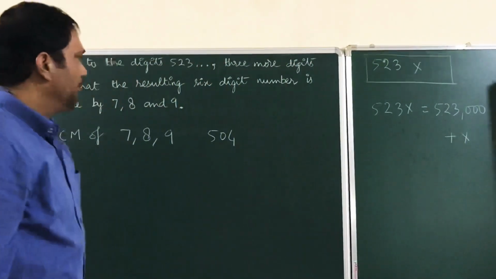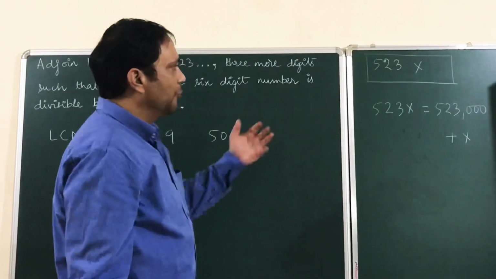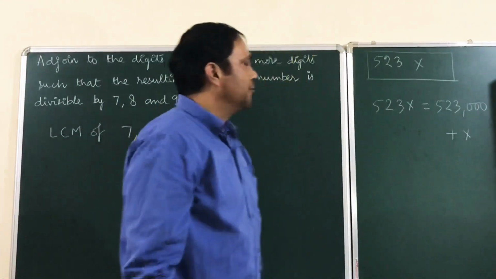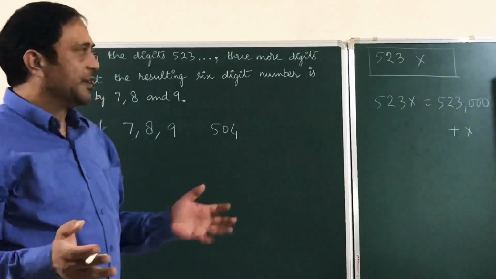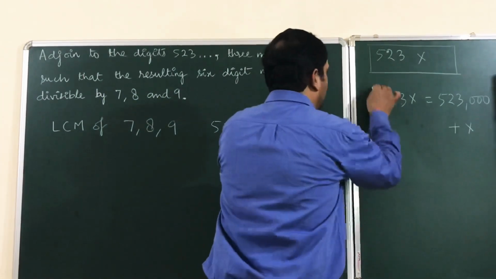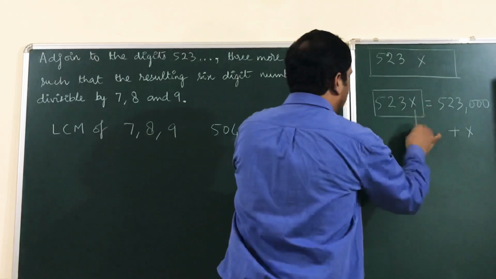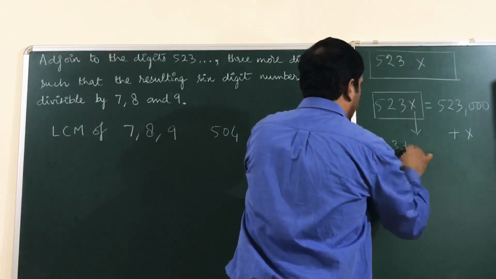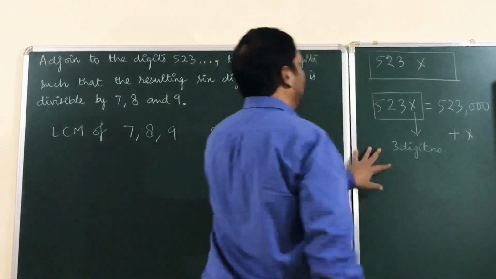So we will try to get the multiples of 504 which are closer to 523000, so that we will come to know what exactly we can add or subtract in order to make this number divisible by 7, 8 and 9. Here x is a 3-digit number.